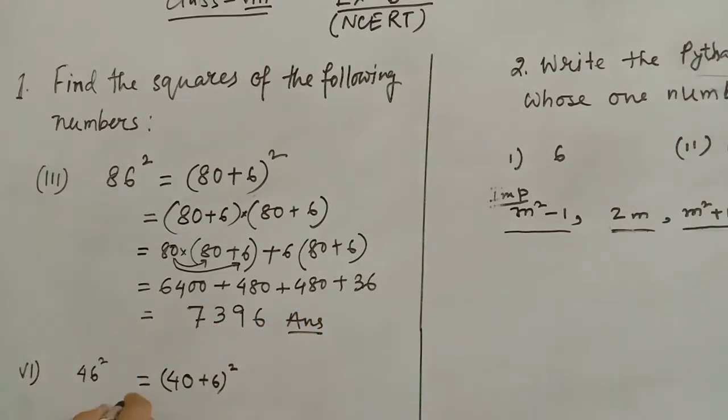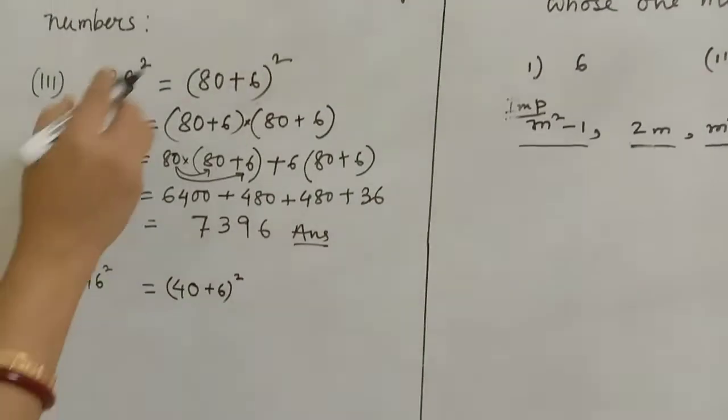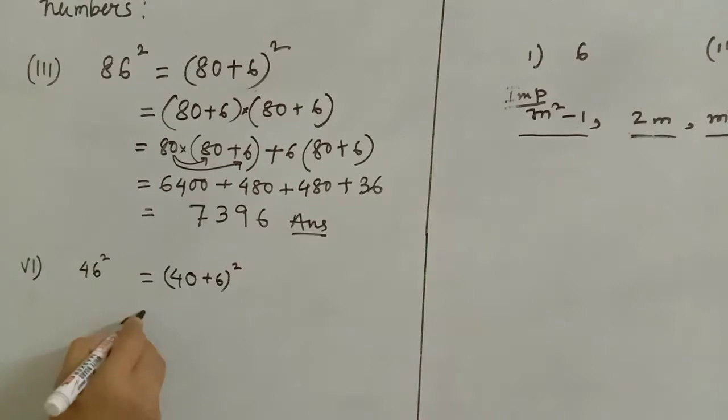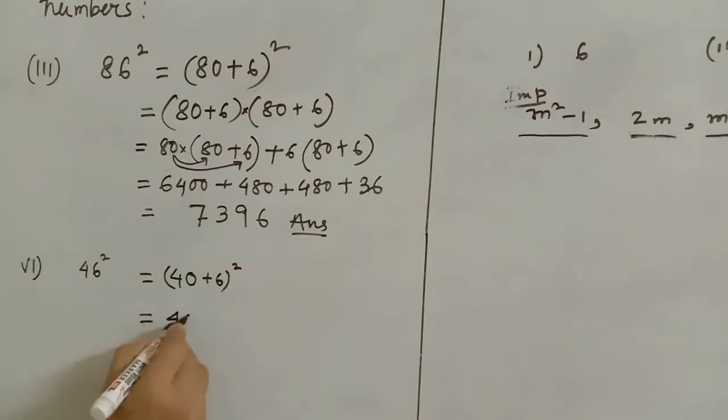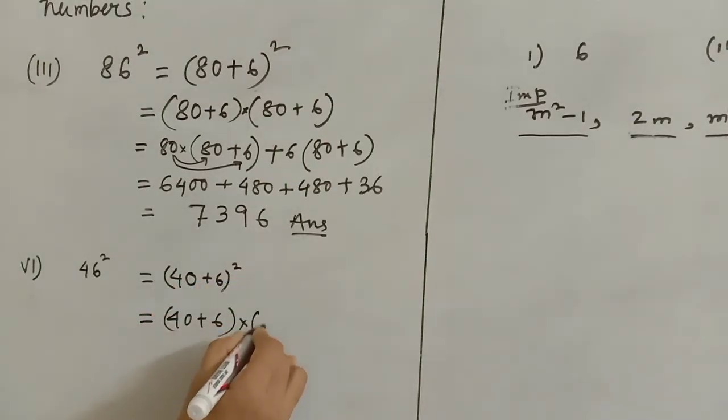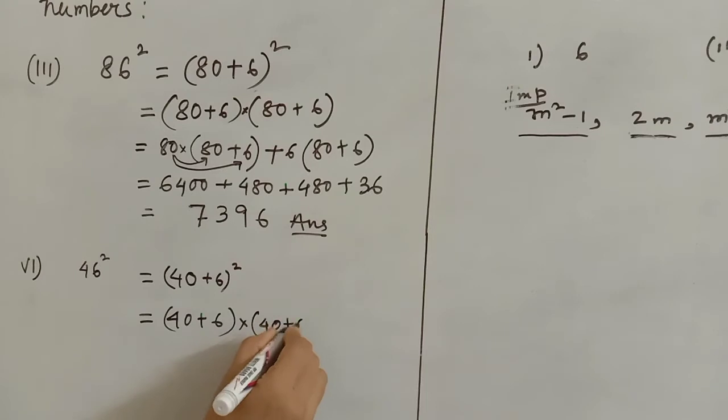In the same way, you will do 46. Find the square of 46. So 46 square, 46 I can write as 40 plus 6. So 40 plus 6 two times. You need to multiply it two times because it is square. Same number, 40 plus 6.